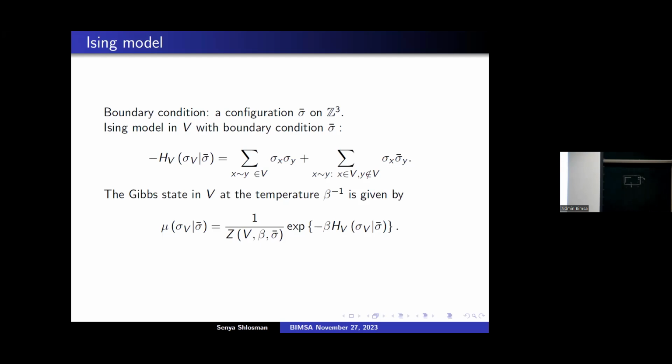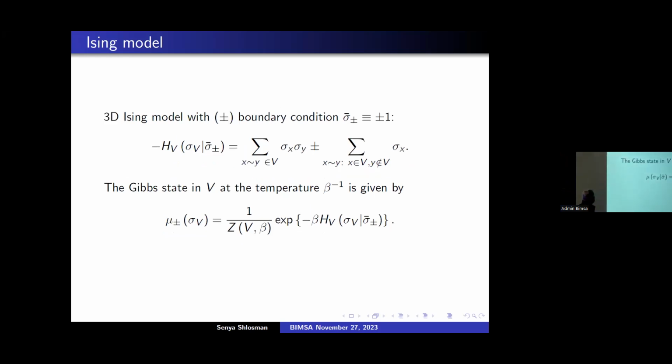Okay, so this is a slight modification. Again, I have a probability distribution on the configurations in the box V, but now this probability distribution is somewhat affected by what I put outside. Just a minor change to make life more interesting. Okay, and then in particular, I can put outside all pluses, and I can put outside all minuses.